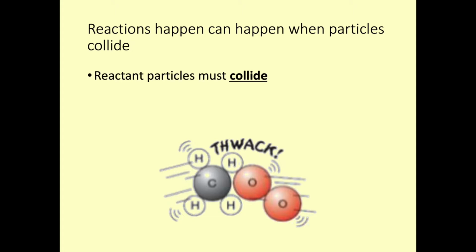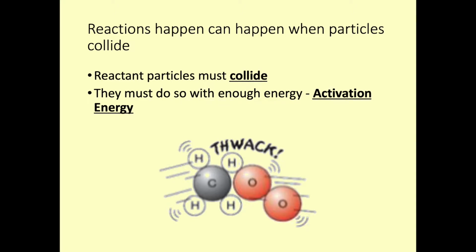So the reactant particles must collide, but the other part of this is that there must be sufficient energy in order for the reaction to happen, and that's our activation energy. And we've come across activation energy before as being the minimum energy that we need for a reaction to happen. And we've looked at that when we've done our reaction profiles, and we've seen that for our reaction to happen, we must overcome that barrier for the reaction.